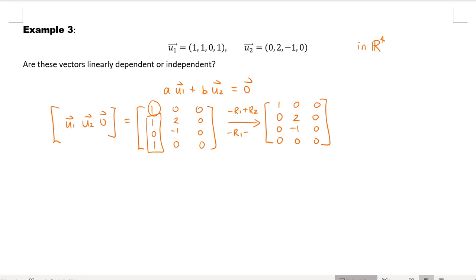Here minus R1 add to R4 as well. Next we want to make this entry 1, so we can do 1/2 R2, and then use it to clear the entries below it. So R2 add to R3.